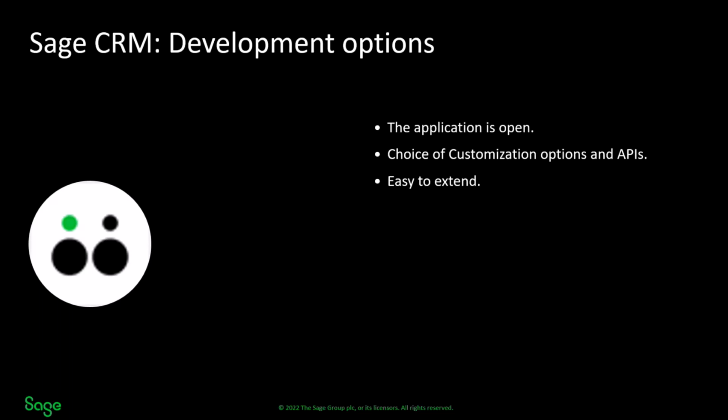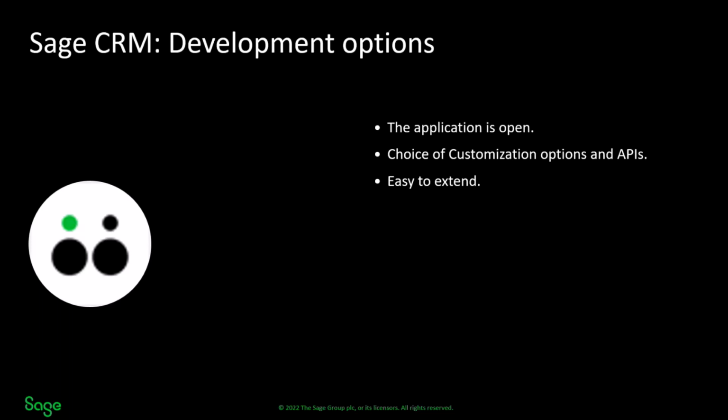The first thing I should say is that CRM is an open application. There aren't any sources that are secret. Nearly everything that you start using, you can see documented, and Sage CRM allows you to understand what's going on through the documentation, through the blog articles, and actually through the product itself.